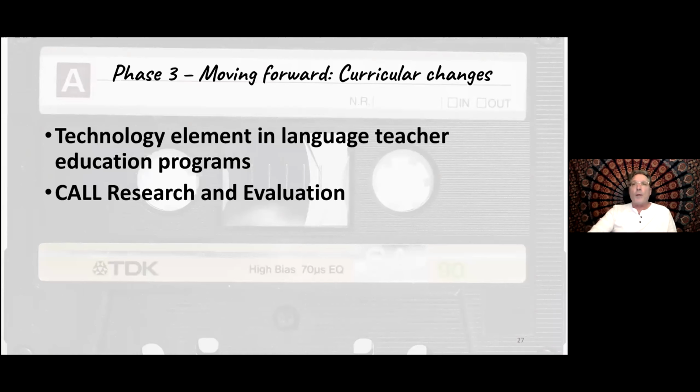So some programs are obviously doing this already, but for the majority who aren't, such a course should not simply focus on specific technologies, which also speaks to one of the most commonly held misunderstandings about CALL that Bob Blake refers to in his book, Brave New Digital Classroom, that today's technology is really all we need to know.